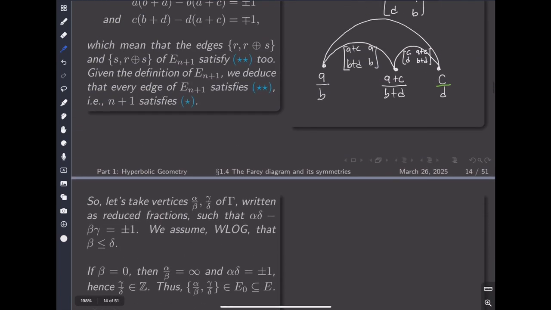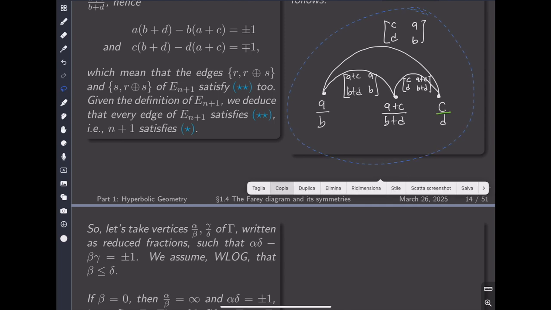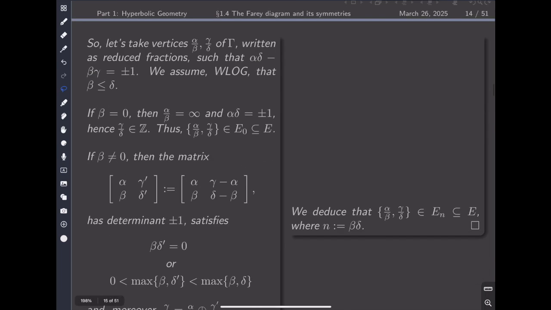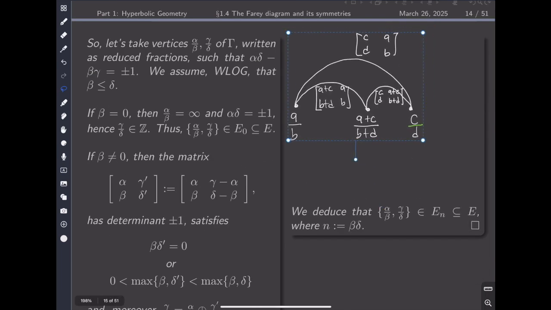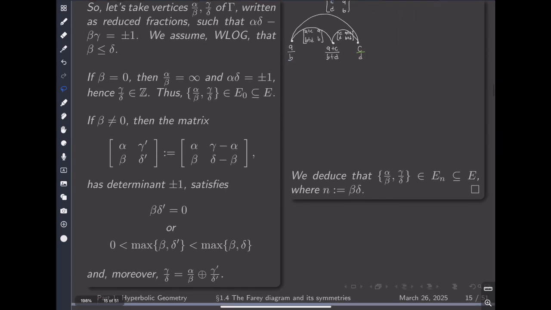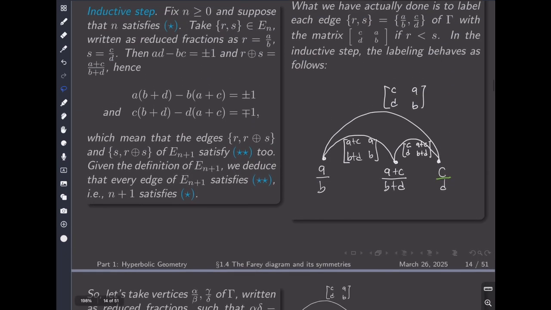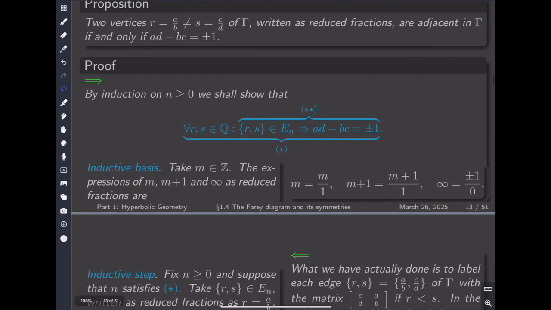And why did we do that? We did that because, in the first implication, we showed that if two vertices are adjacent, then the determinant is plus or minus 1.